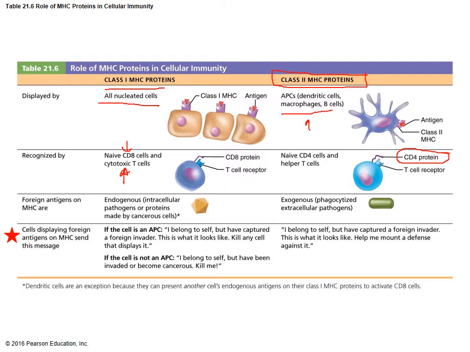So anytime you see class 1, I want you to think CD8, which eventually leads you to the cytotoxic or killer T cell. Class 2 leads you to the CD4, which means it's going to eventually develop into a helper T cell. And once again, MHC, major histocompatibility complex, is a protein complex that allows you to display antigens.